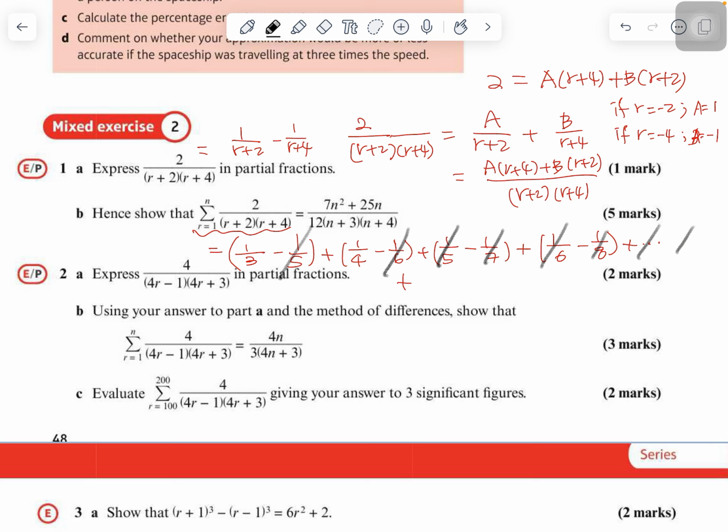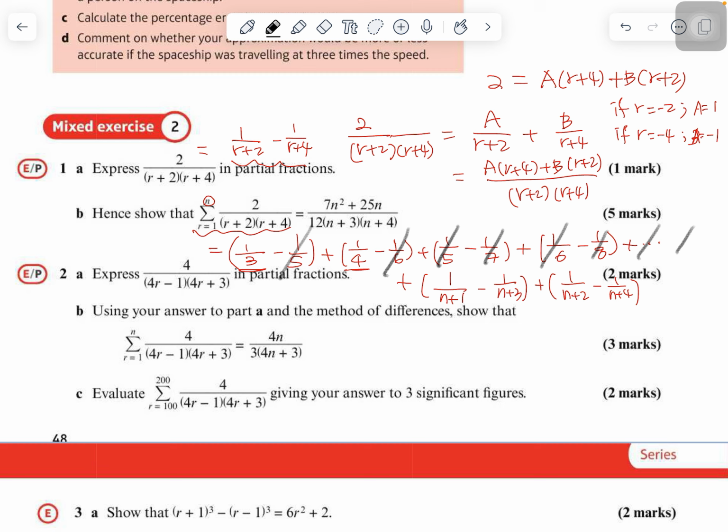So we still have the remains of the first two terms, which means we also need to have the remains of the last two terms. So let me put n minus 1: 1 over n plus 1 minus 1 over n plus 3, plus n: 1 over n plus 2 minus 1 over n plus 4.